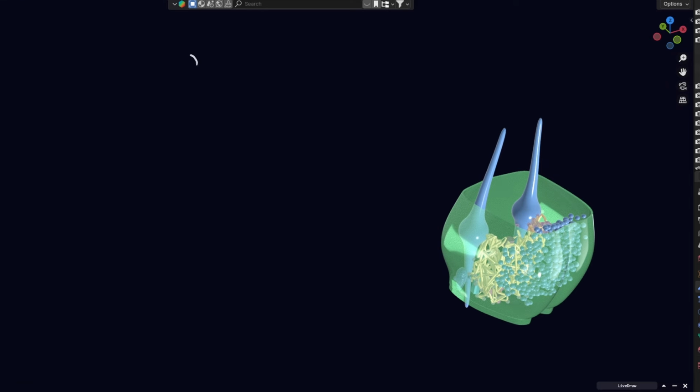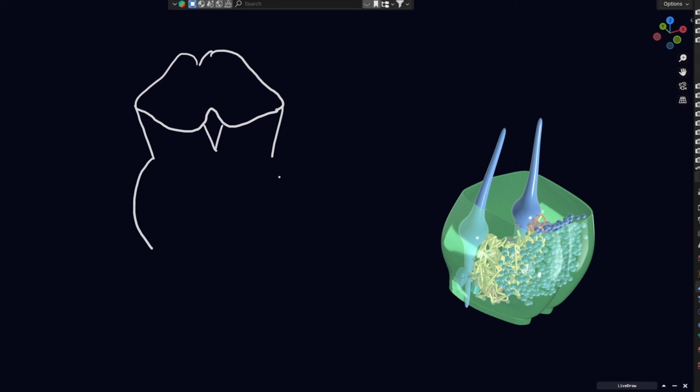So let's draw a very simple Dr. Najib style diagram. Here we have what? This is the midbrain, then we have pons and medulla, right?